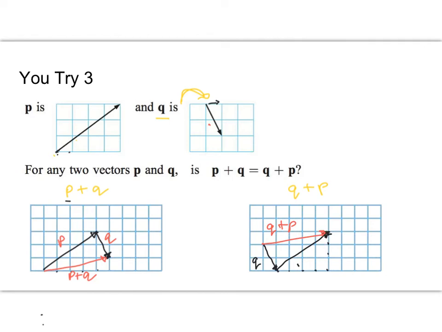That means that these two vectors are parallel, they're moving in the same direction, and they're the same length. So they are equal, and that's a true statement. So vector addition is also commutative.